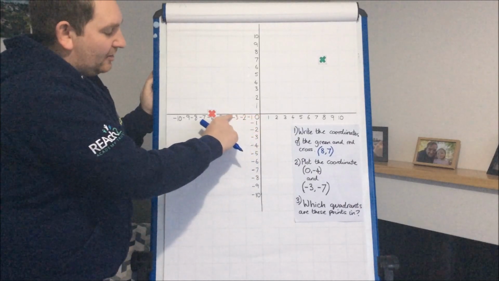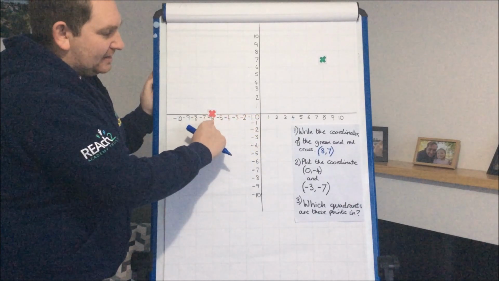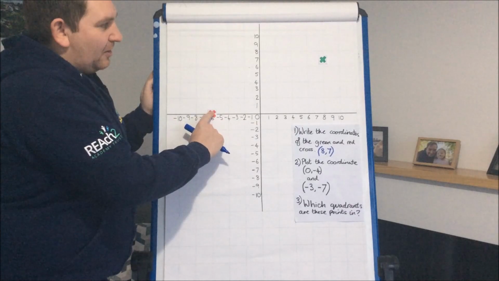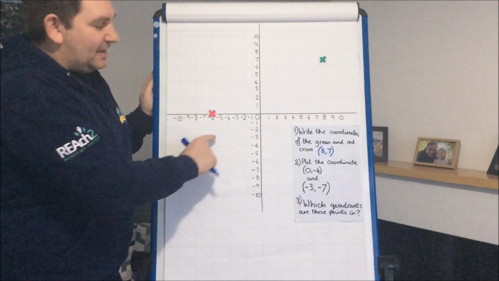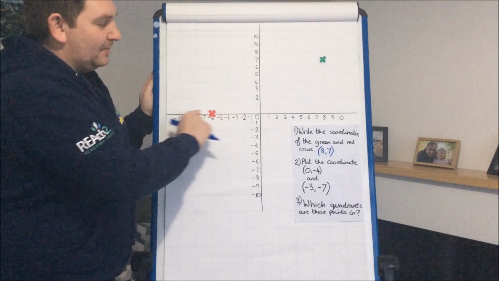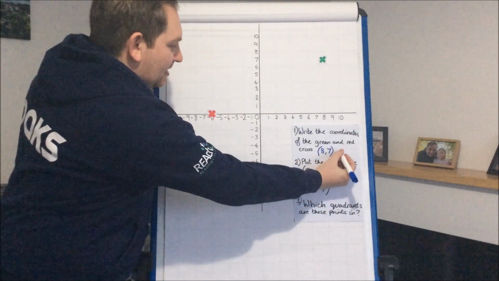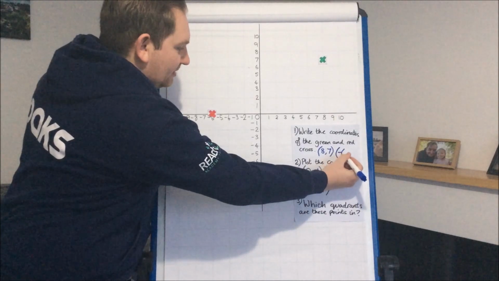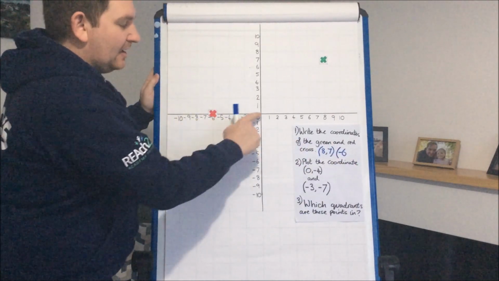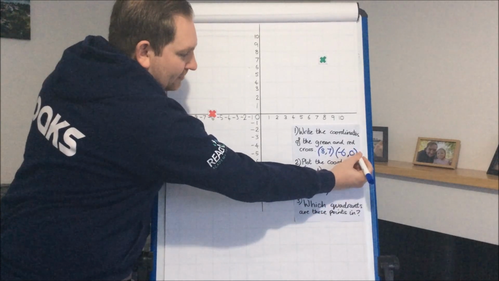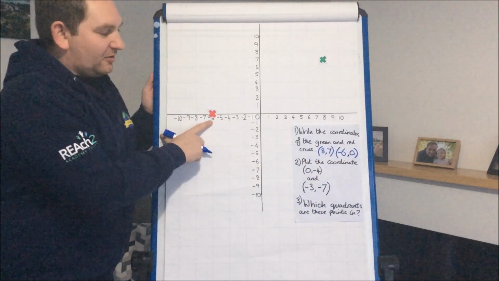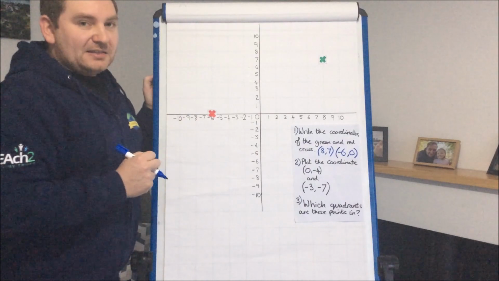So if we go all the way along we get to -6, and then if we go up or down the y-axis we actually don't go anywhere. It's sitting on the line. So it is -6 along the x-axis, and it still remains on 0. So the answer for the red cross is -6, 0.